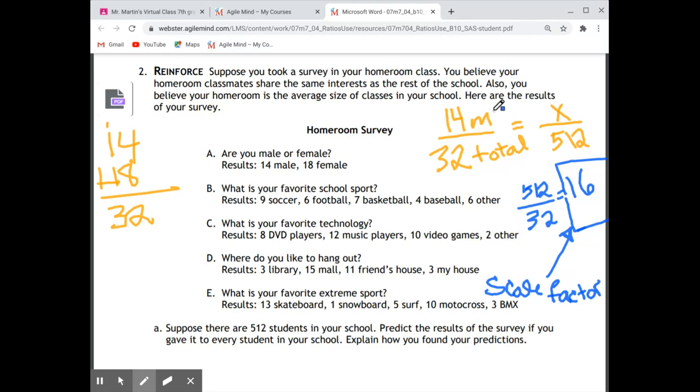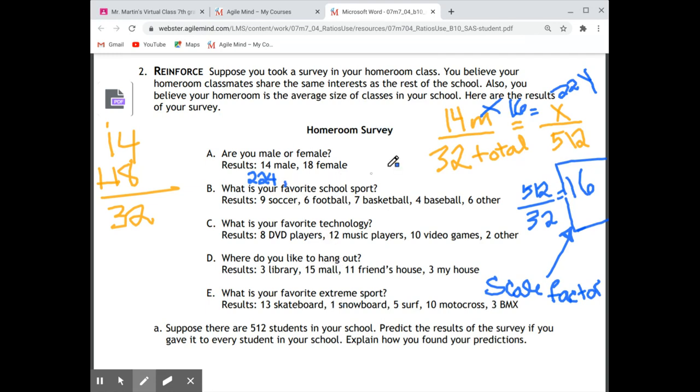So we're going to take 14 and multiply it by our scale factor, and that will predict how many males there are in our school. Good job. So x is 224. And we're going to put this information right under here. All right, so we got 224 males.